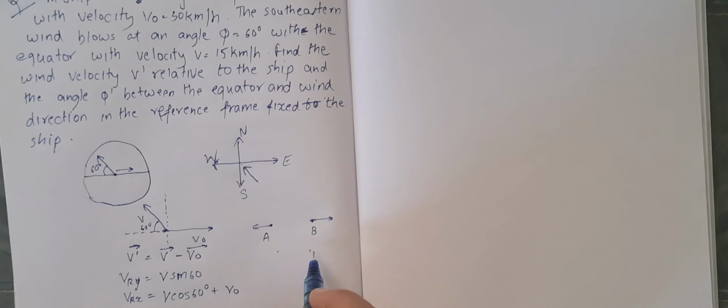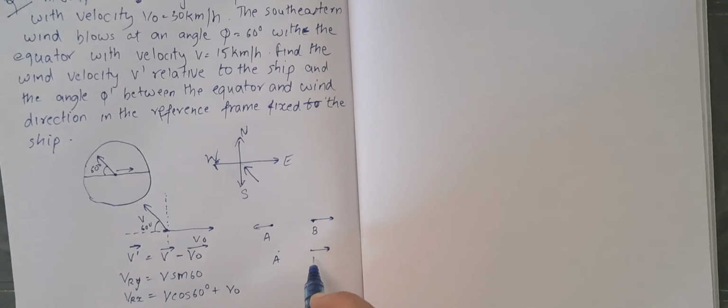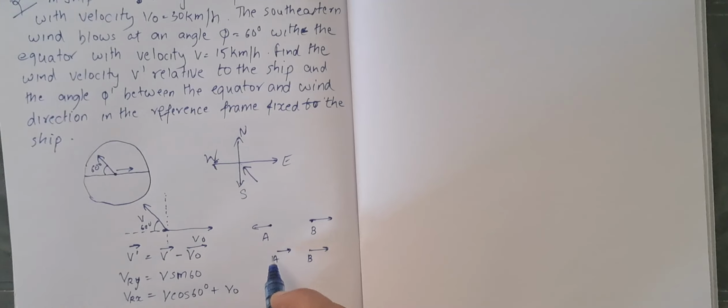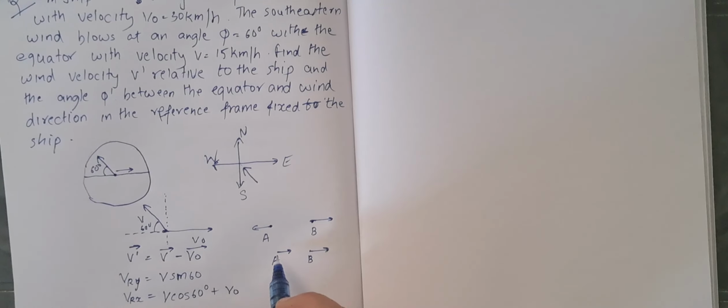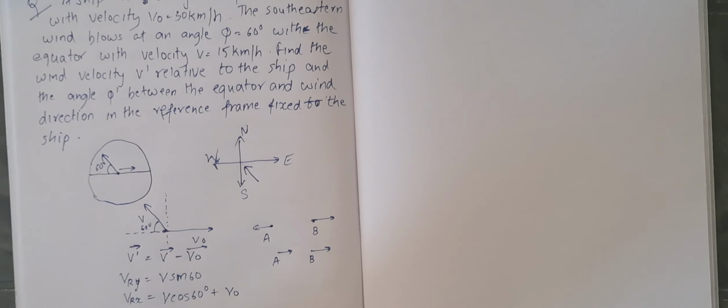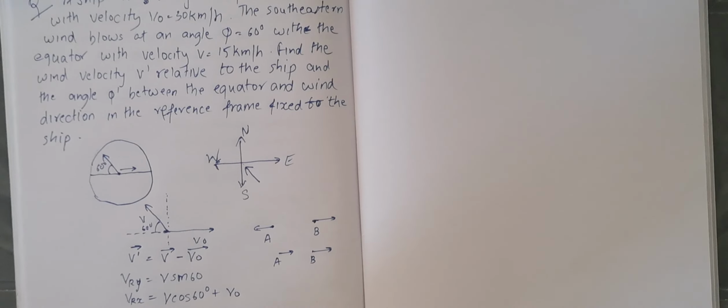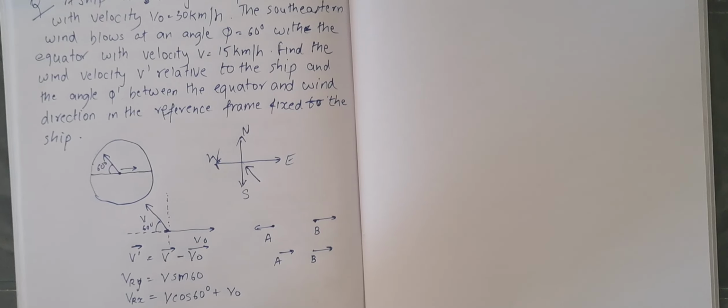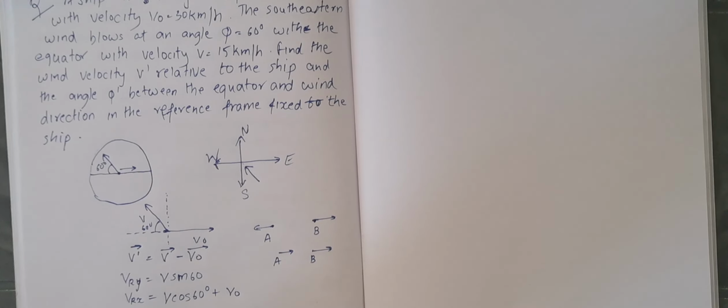If A and B are traveling in the same direction, and you have to find the relative velocity of B with respect to A, that will be VB minus VA. So if the velocity vectors are in the same direction, to find the relative velocity you subtract the actual velocities, and in case the velocity vectors are in opposite directions, when you want to find the relative velocity of one with respect to the other, you have to add the velocities.